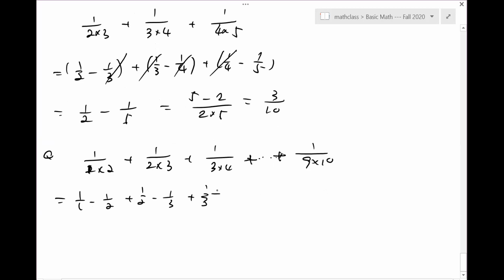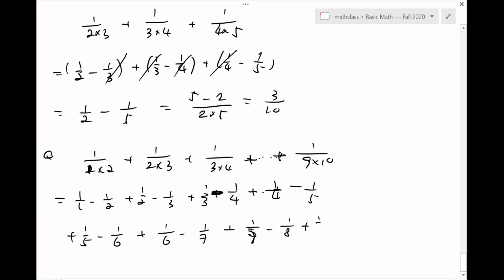Yeah, there are many tricks here, you know. I don't want to miss all the terms. Let's put it here. A quarter minus 1/5, and plus 1/5 minus 1/6, plus 1/6 minus 1/7, plus 1/7 minus 1/8, plus 1/8 minus 1/9, plus 1/9 minus 1/10.